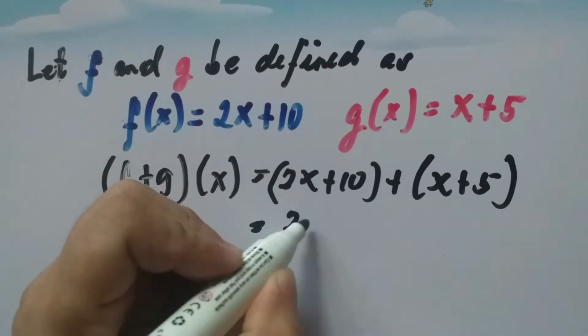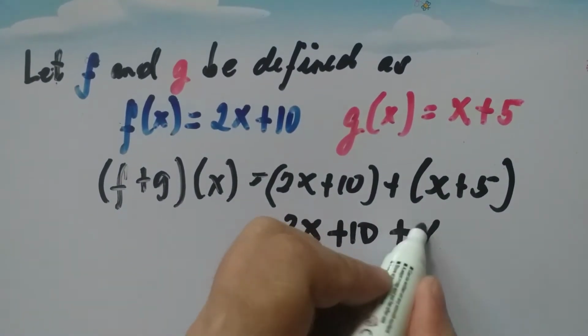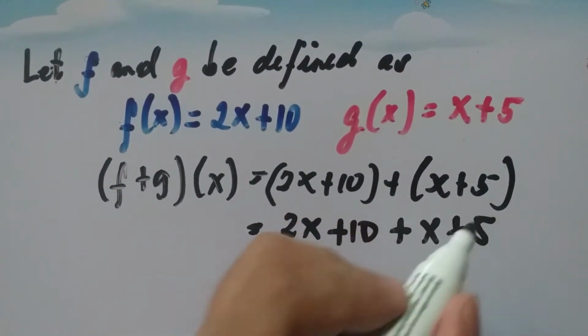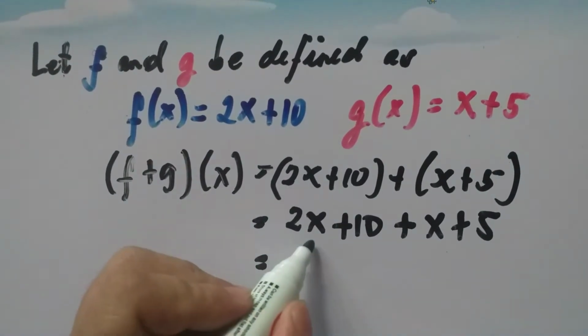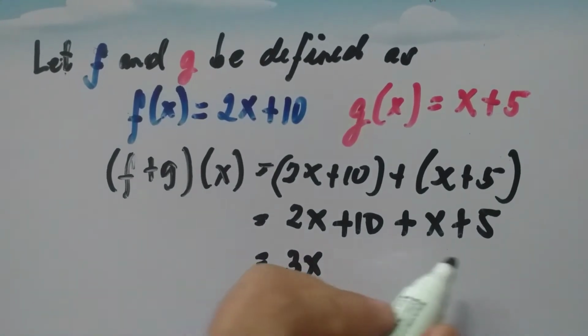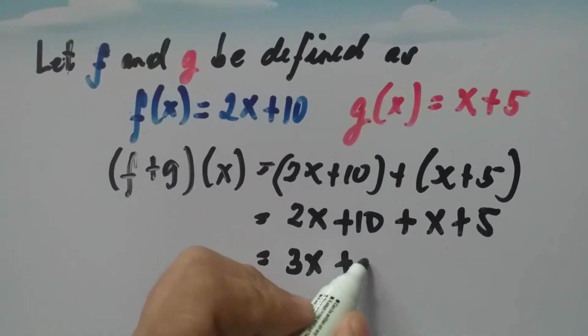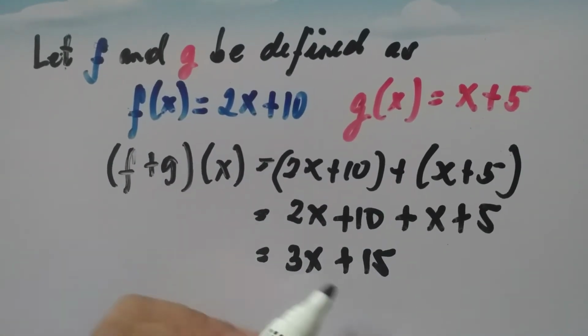So we have 2x plus 10 plus x plus 5. Then combining like terms, 2x plus x is 3x, then 10 plus 5 equals 15. So we have the sum 3x plus 15.